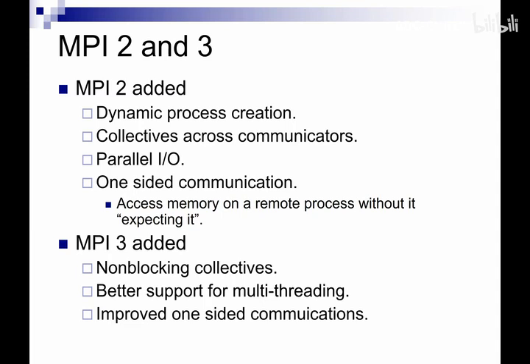It's a two-sided process. But for MPI 2, you can actually do one-sided communication, meaning that I can just try to send you a value, and you don't need to be expecting that value. You can just receive the value, even though you don't need to know a priori that I'm planning to send it to you.